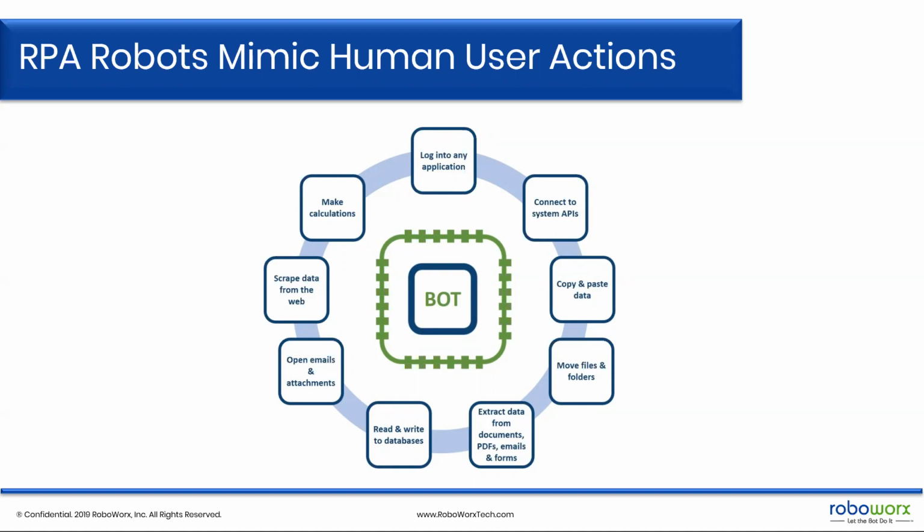So let's say you have a software robot, a bot we like to call it, and we say, okay, bot, we want you to take the purchase order and extract that from the email in Outlook, look at the amount that was signed off on, then go and retrieve the invoice from any application that it's coming into, SAP, Oracle, CRM, Salesforce, whatever it might be, and compare the two.